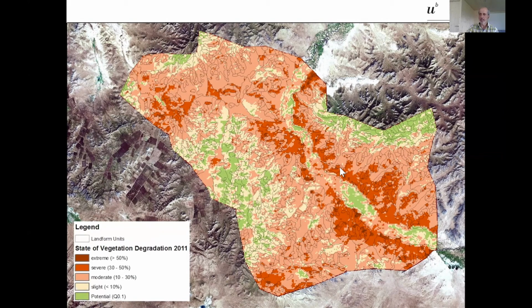But in terms of degradation, each landscape has been treated separately: what is my potential and how much have I lost? I'm not mixing and saying the southern slopes are degraded and the northern slopes are okay. That was a very nice insight when we did this landscape-specific assessment.